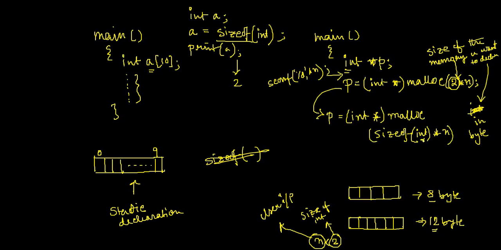Now this int and the data type of P have to be the same. This int star is nothing but typecasting.